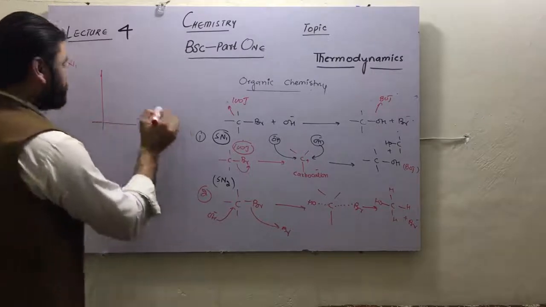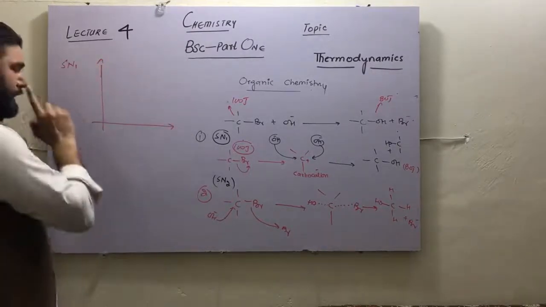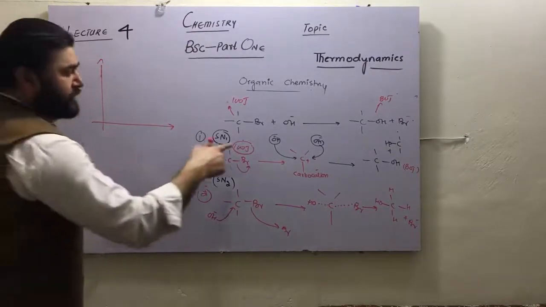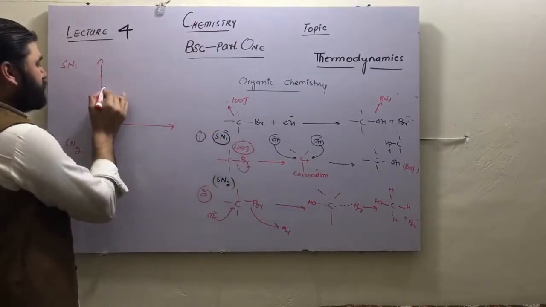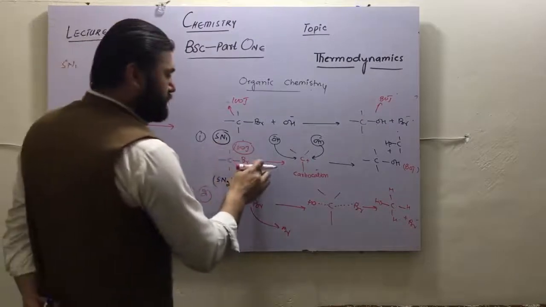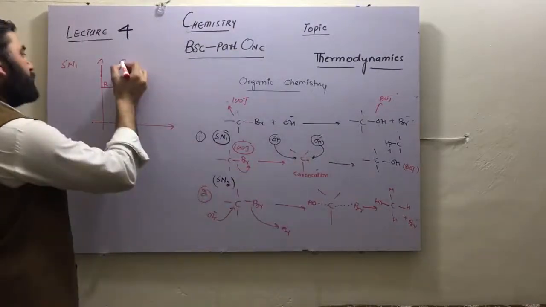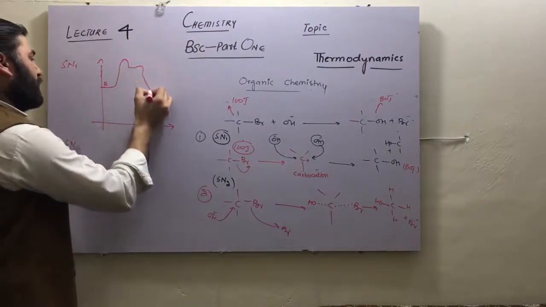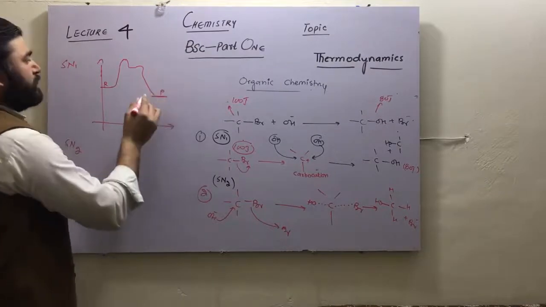Now see, here energy is there. In the first step, suppose energy is 100, so we can say this is the reactant, and because there are two steps, step 1 and step 2, we are making 2, and suppose this is product.